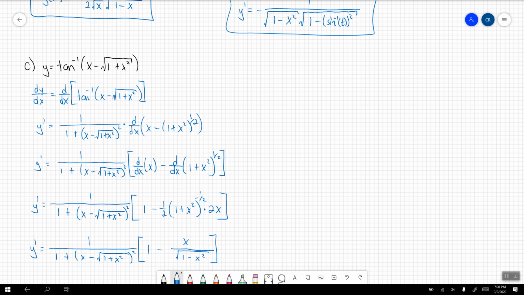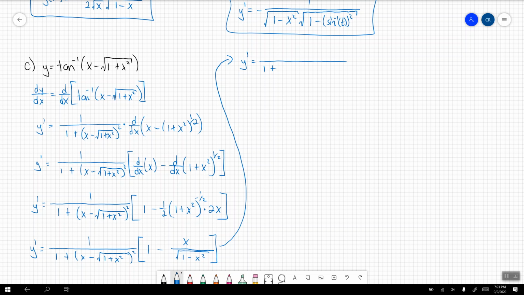All right, let's keep going. So it's looking okay so far. So I'm going to take my work right up here, and I'm going to continue the work here. So y prime, here we go. Big denominator, that's 1 plus. And actually, I'm going to start expanding this at this point in time because I don't see anything that's going to help me. So let's go ahead and expand this binomial.